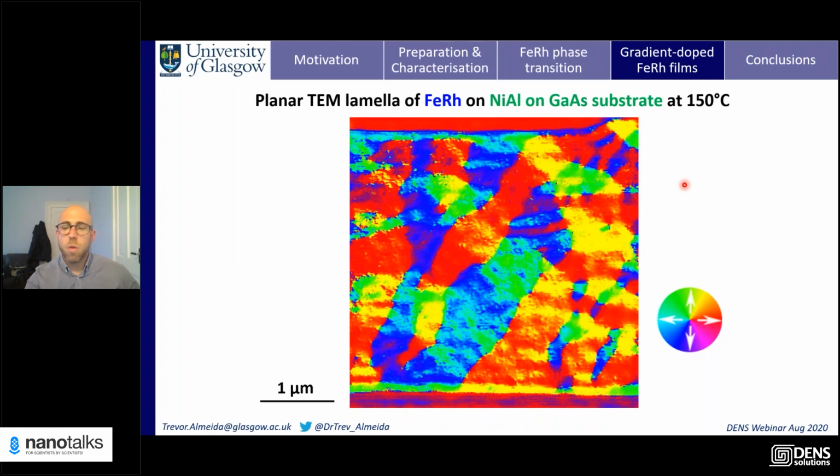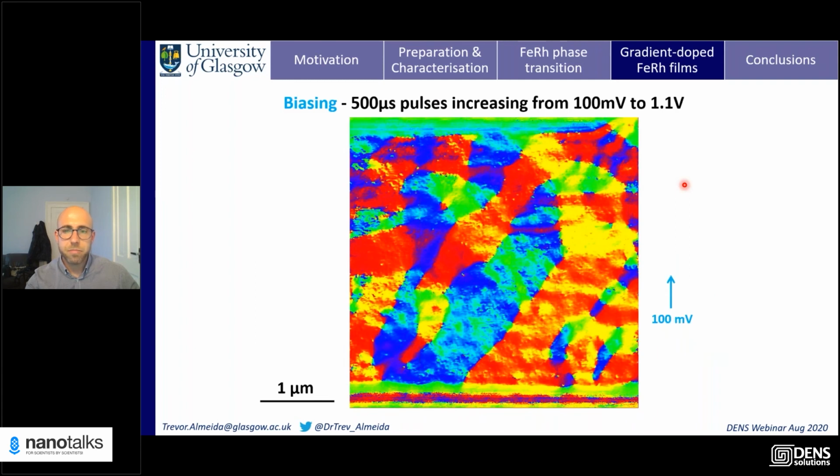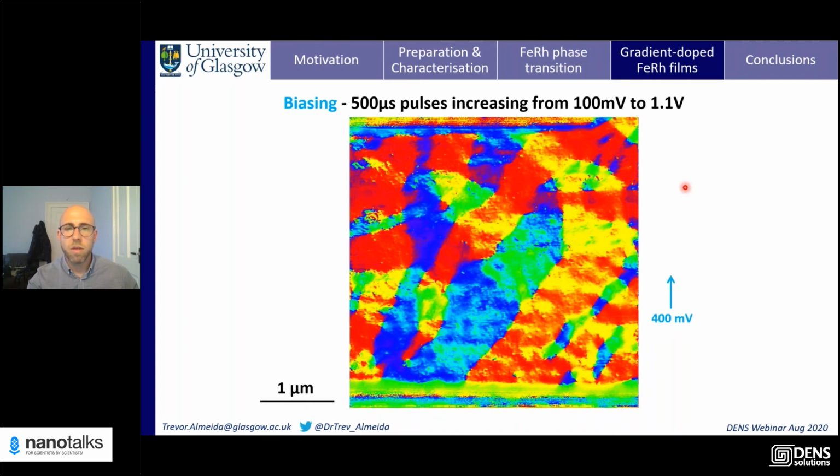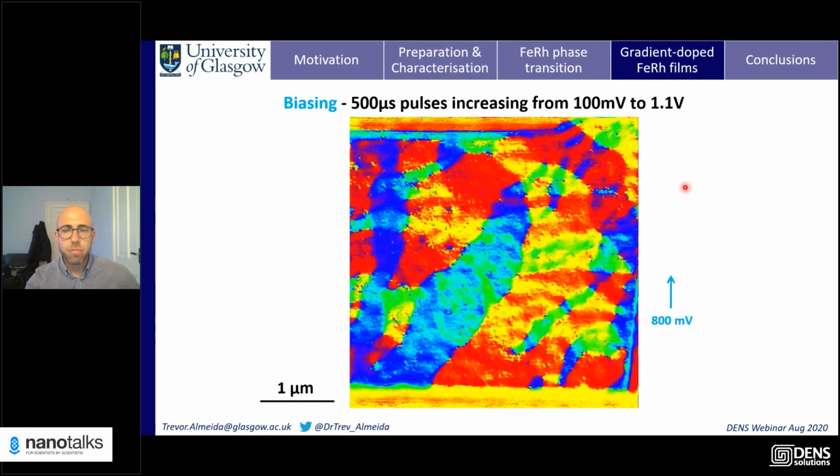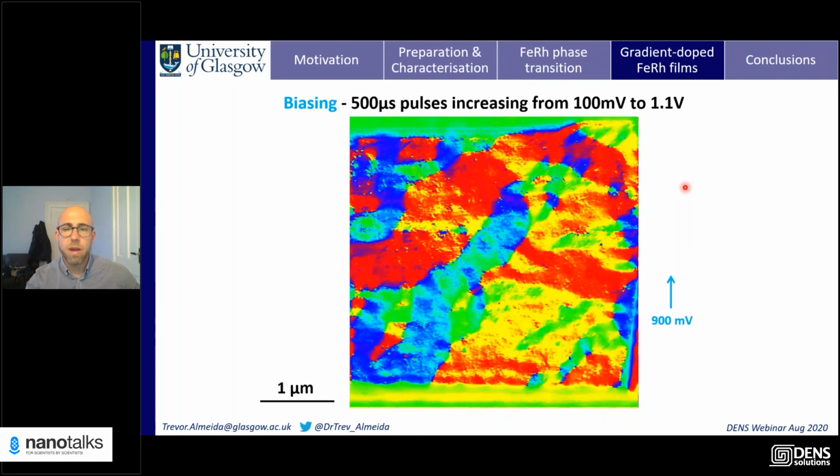And then what we do is we apply current pulses for 500 microseconds. And what that does is we actually see slight disintegration of some domains, and we can see movements of some domains as well. And if we keep on applying current pulses, we can see that essentially we're trying to move the domain walls into a fashion where they start becoming quite normal to the current pulse direction.